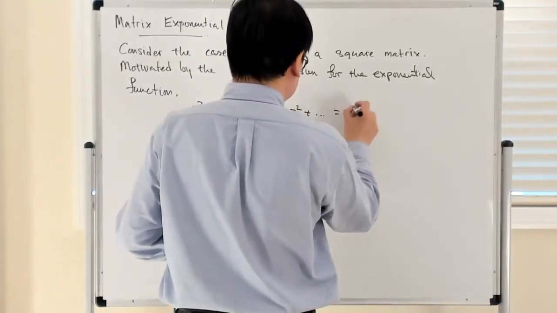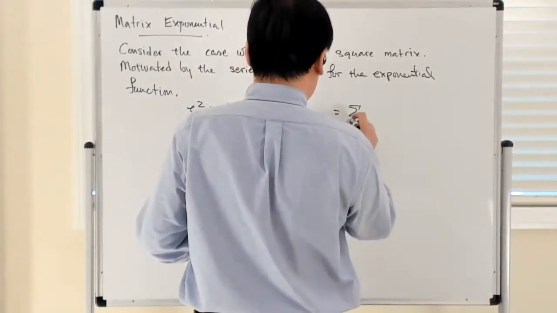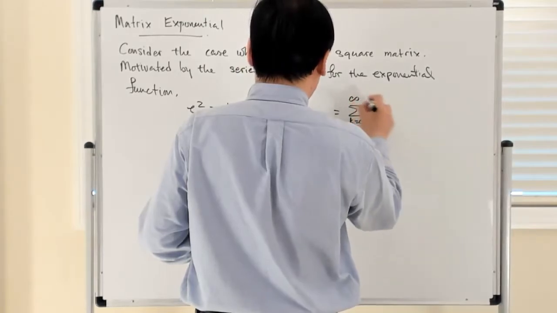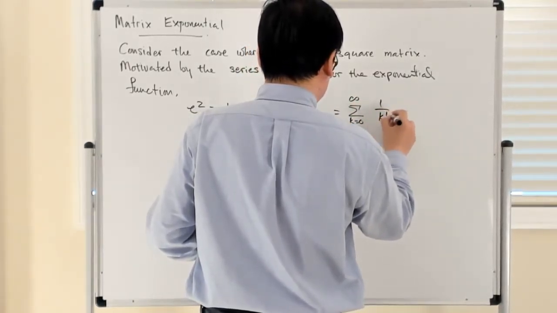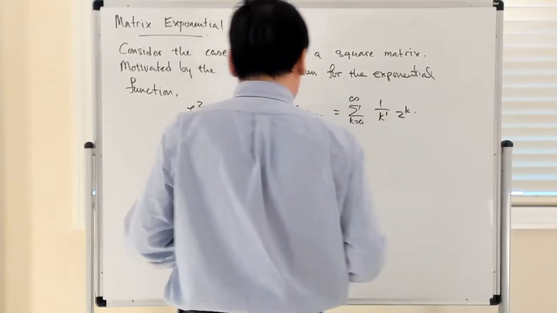So this is just the sum for k equals 0 to infinity of 1 over k factorial z to the k.